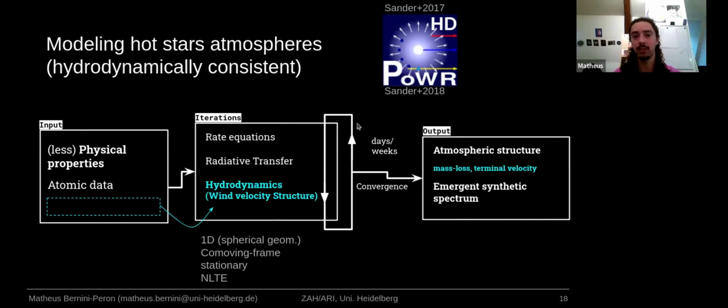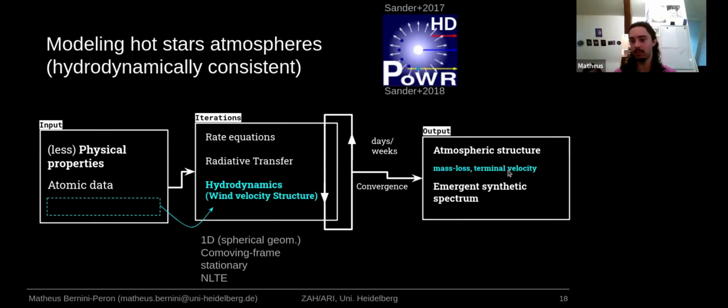So it's also part of this iterative loop aiming to reach a self-consistent solution. And by doing this, the mass loss and terminal velocity are no longer inputs that you give, but an output. So it's something that you obtain as a result.